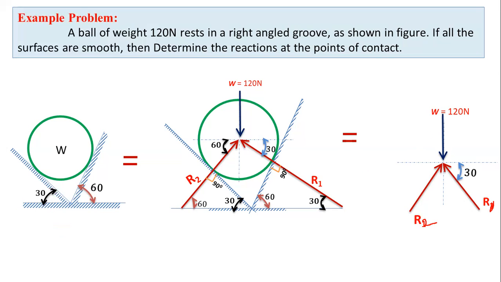Now here 30 degrees is the angle between the horizontal reference line and reaction force R1, and here the angle is 60 degrees between the horizontal reference line and the inclined reaction force R2. Now you have to use this diagram for solving the unknown forces, R1 and R2.